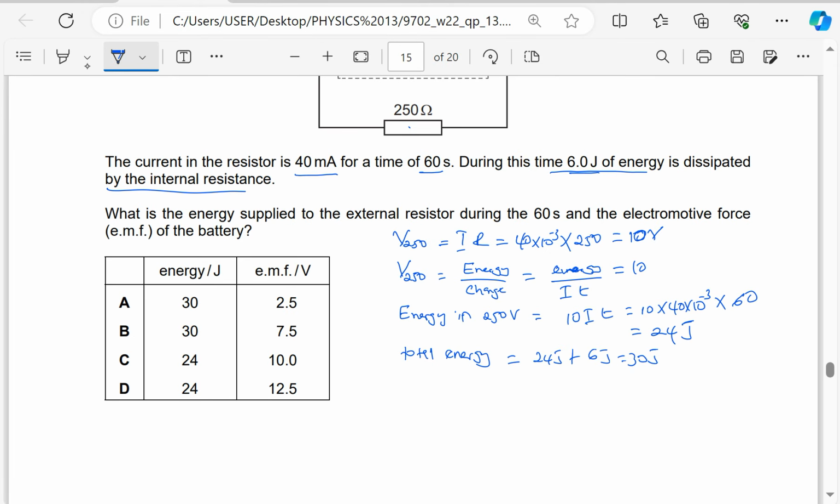And remember, EMF is total energy per unit charge. EMF, by definition, is total energy available per unit charge. So this is going to be 30 divided by the total charge, which is IT. So that is 30 divided by the current, which is 40 times 10 to the power of minus 3 times the time, which is 60.